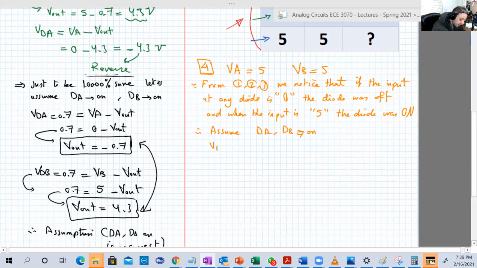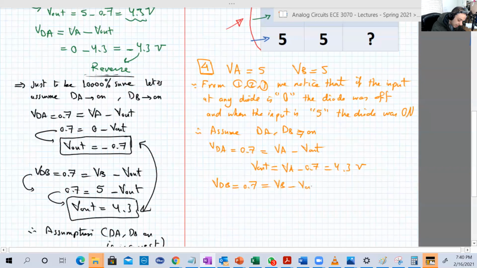If DA is on, VDA equals 0.7, which is equal to VA minus V out. Again, look at the circuit. We used this equation many times. So V out equals VA minus 0.7, 4.3. And now the moment of truth. We can verify this from the second one because VDB is also, since DB is on, 0.7, which is equal to VB minus V out.